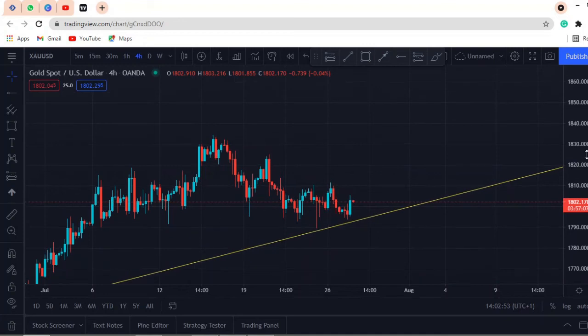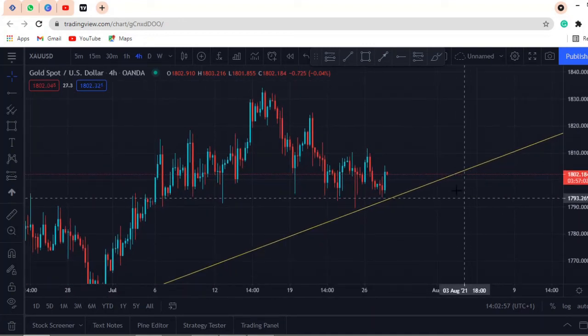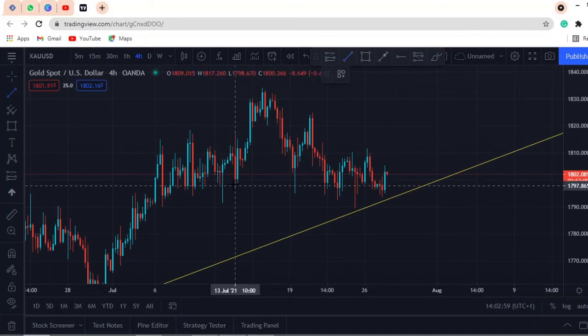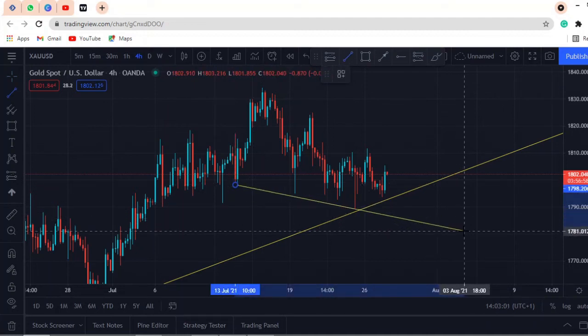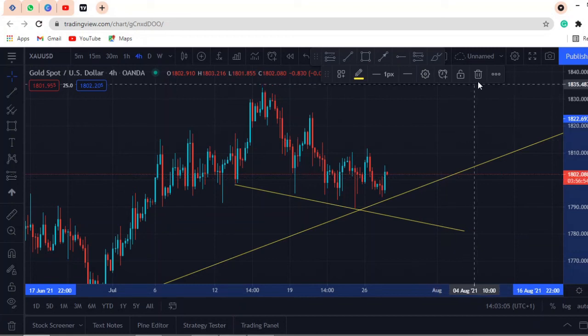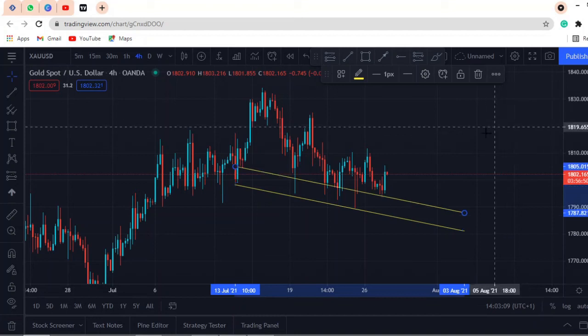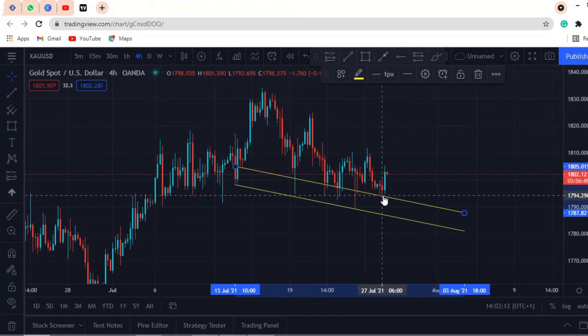So when I go to the 4 hour time frame, you see like here now, it's almost on a downward trend. Let me delete this, and then let's clone this.